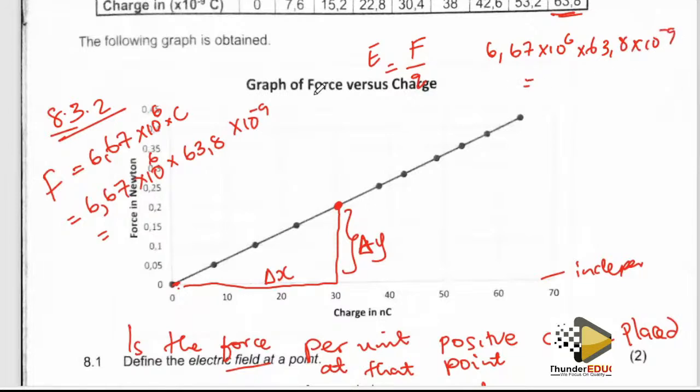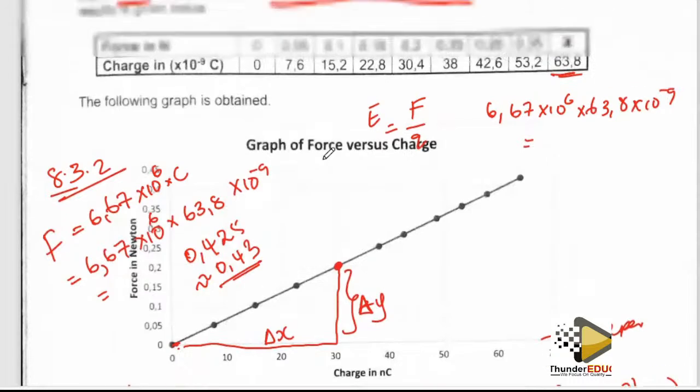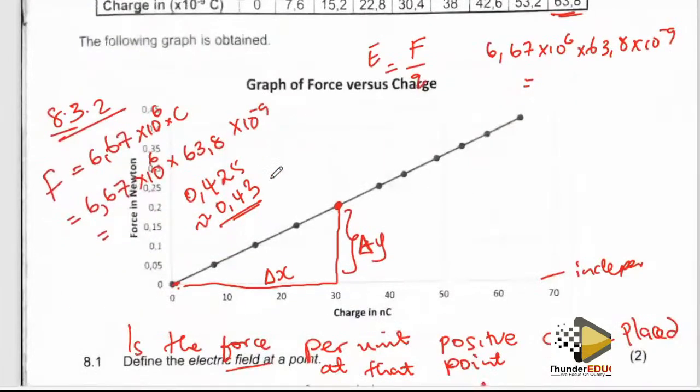So 3 times 10 to the -9, which is going to give me 0.025, which is approximately 0.3. It's fine. So whether I use this or you use the equation, we end up with the same thing.